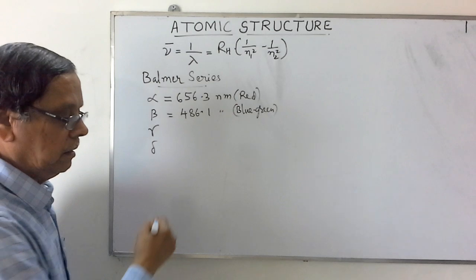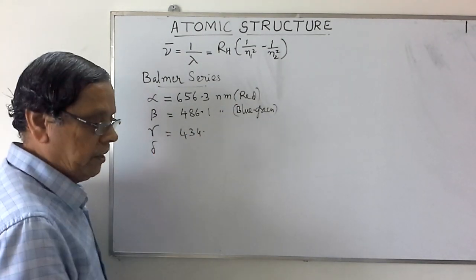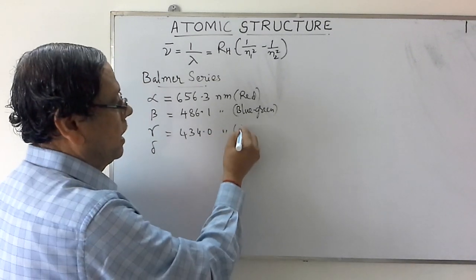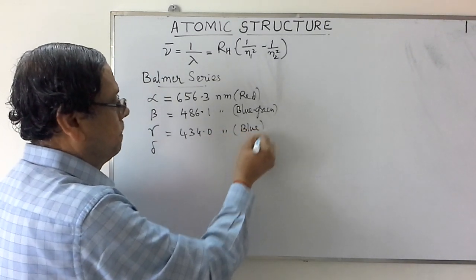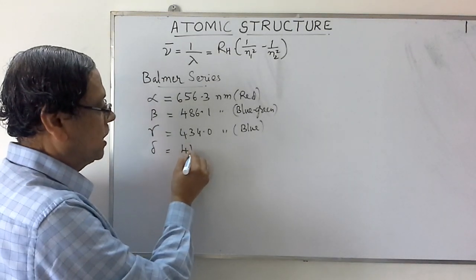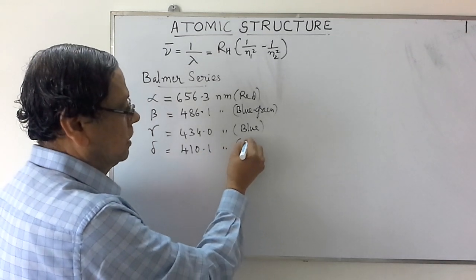The third one is 434.0 nanometer, which is available as a blue line. The fourth one, that is called the delta line, is 410.1 nanometer, which is available as the violet line.